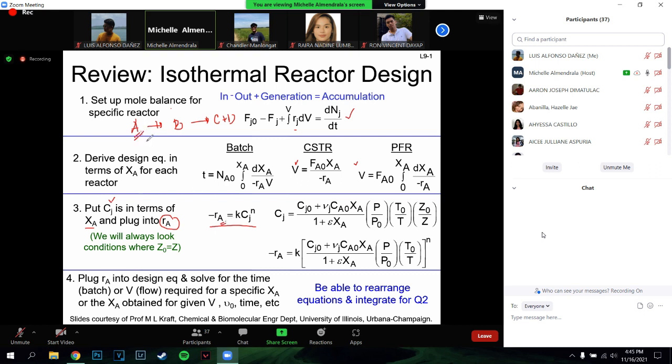Say A is your limiting reactant, and the rate is directly proportional to the concentration of the reactant J. J could be any reactant here.